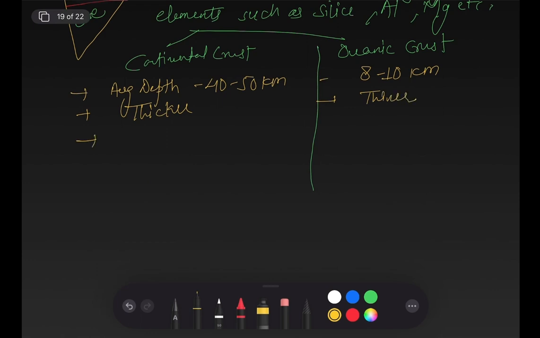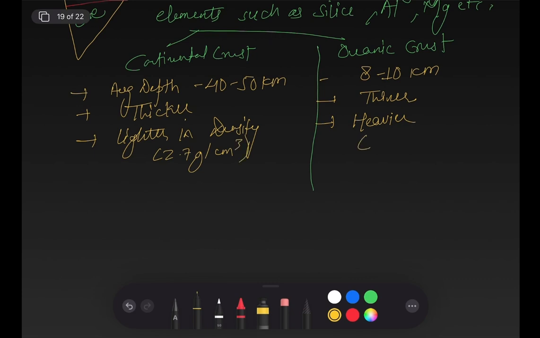Continental crust is lighter in density. You will understand this density in future classes. Oceanic crust is heavier in density. Density of continental crust is about 2.7 gram per centimeter cube, while oceanic crust density is about 3 gram per centimeter cube.